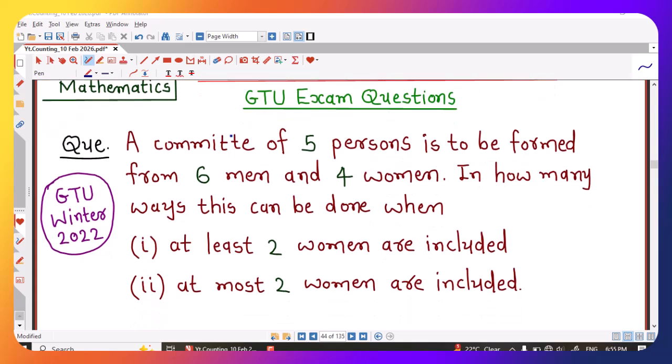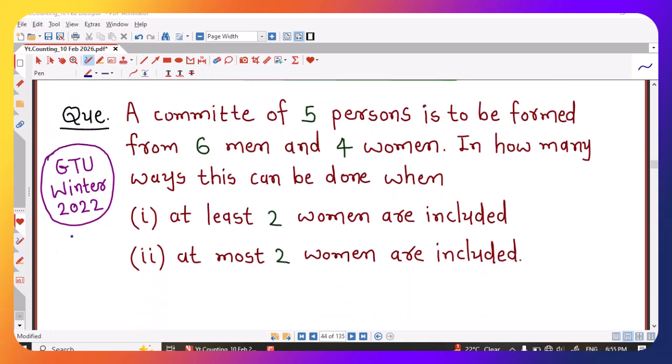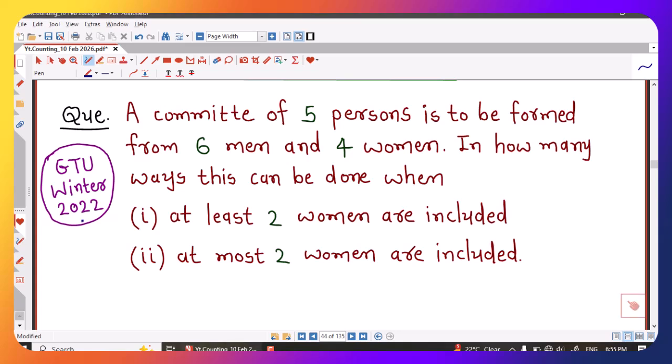In this lecture, we will discuss one more problem on permutations and combinations which was asked in the GTU Winter 2022 exam. So first we understand what this question is about. It is given that a committee of 5 persons is to be formed from 6 men and 4 women.